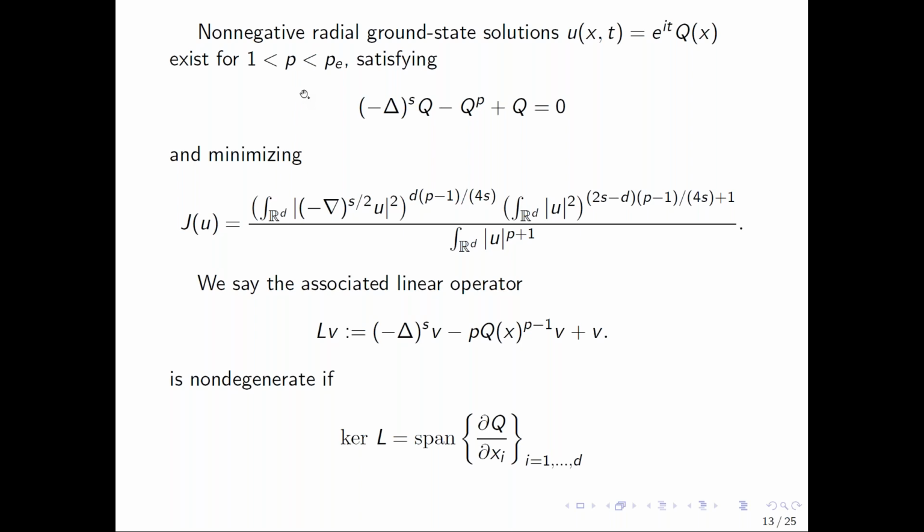And a minimizer will exist for all energy subcritical nonlinearities. And again, we're going to say that the ground state is non-degenerate if the linearized operator associated with it has kernel equal to the span of the partial derivatives with respect to x_i.